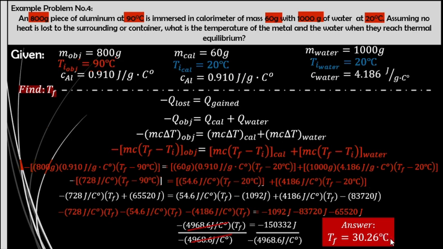So again, this T sub F means the final temperature when the object, the calorimeter, and the water reach thermal equilibrium. You may now proceed in answering the assigned problem to your class.